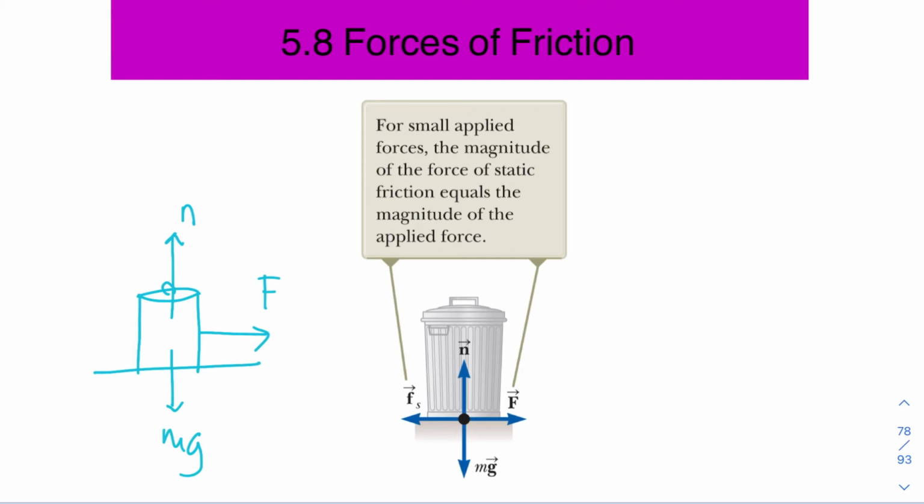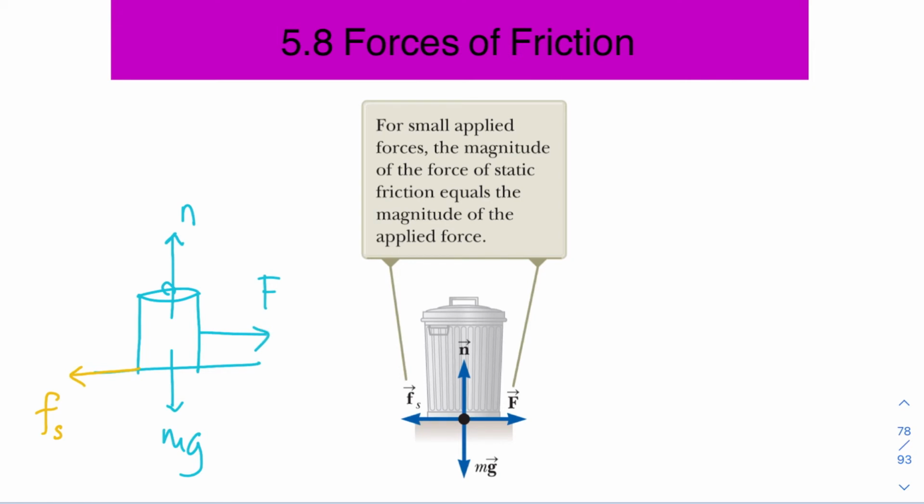Whenever there is no motion yet, this frictional force is known as static frictional force. So the bigger the applied force, the bigger the frictional force to the left, because its purpose is to act against F.